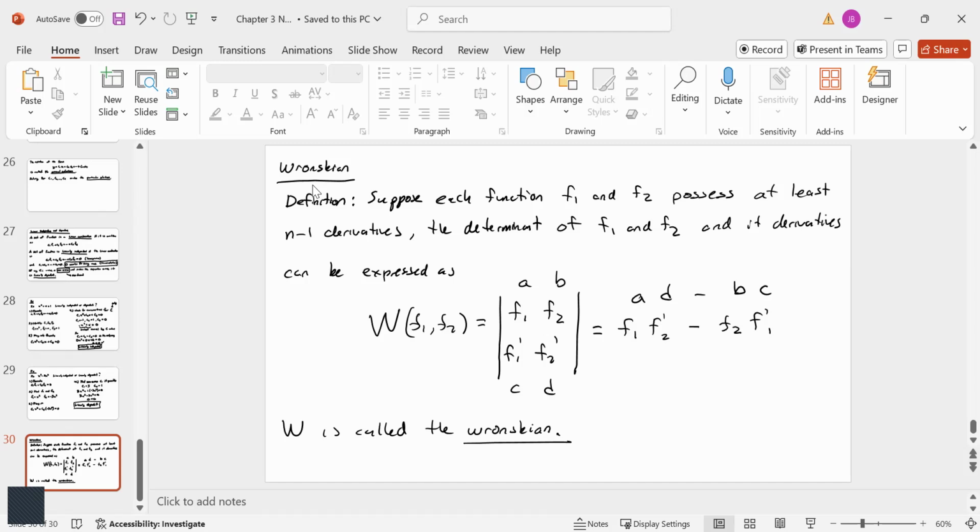So what can we do with this? Well, we can test for independence. And so here's the theorem.